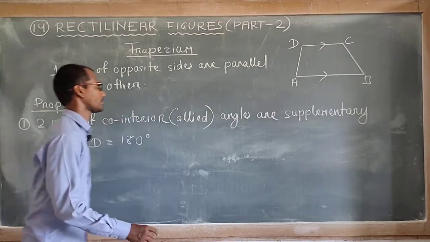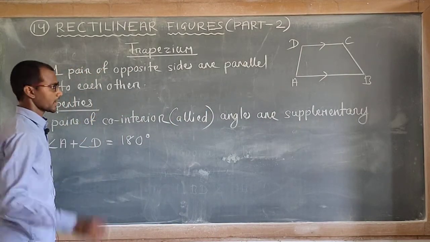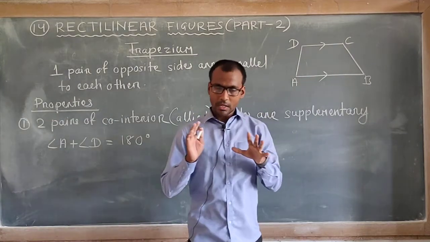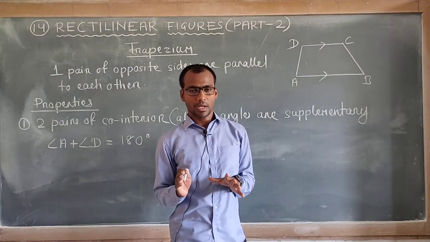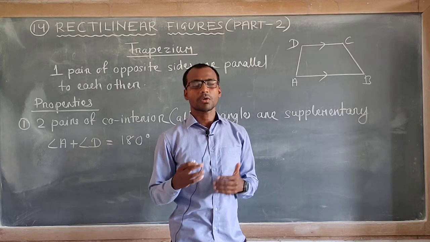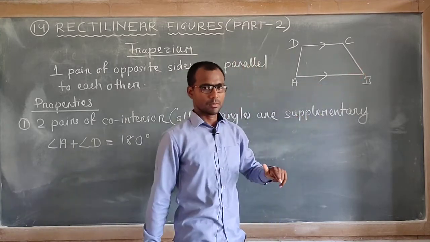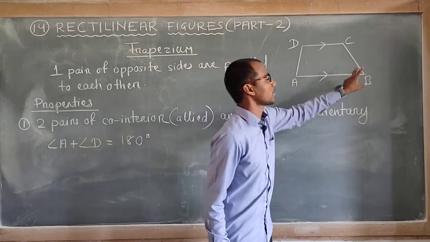Okay, they are co-interior angles. Angle A and angle D are also co-interior angles. Okay, but the sum will not be 180 degree or they will not be supplementary because AD is not parallel to BC. So don't think that angle A and angle B will be supplementary.